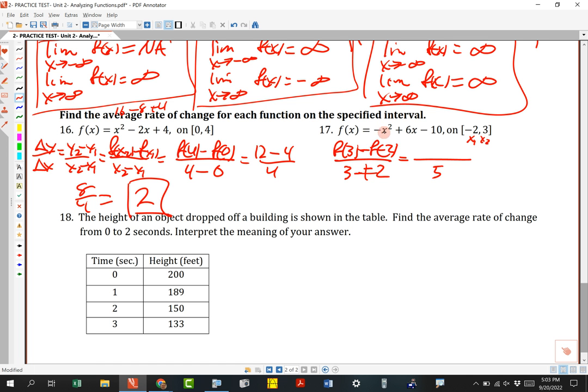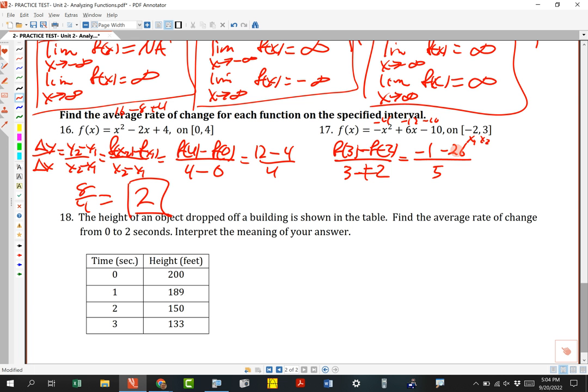Plug in a 3, that's going to be negative 9, plus 18, minus 10. So that's going to be a negative 1. When I plug in the negative 2, it's still going to be negative because we've got this square: negative 2 squared would be 4 with a negative in front of it. So that's negative 4. This is a negative 12, and that's a negative 10. So altogether, that's a negative 26.